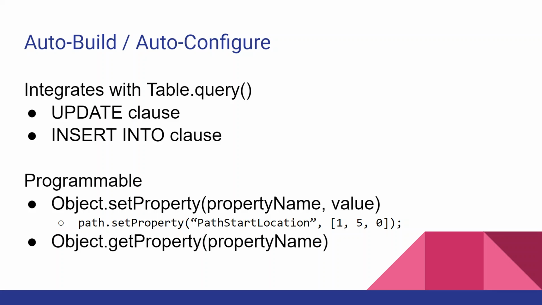When your objects are your table, insert into will add objects into your table, and I'll talk about that a little bit later. It's also programmable, so there's an object.setProperty method and an object.getProperty method, so you can programmatically set properties and get properties.